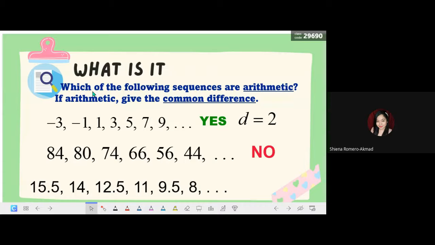Bakit? Unahin natin si Mark kasi siya unang nag-type. Mark, wala ba silang common difference? Wala po, ma'am. Sige nga.